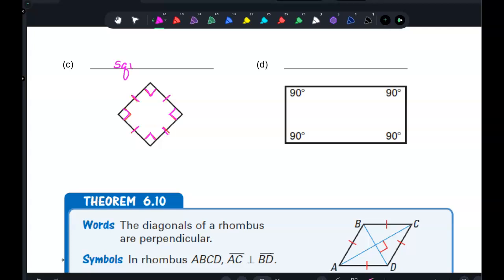This one has to be a square. And the last one here, these are all 90-degree angles, which are all right angles. We don't know the sides, and they don't even look like they're the same length, so this is going to be a rectangle.